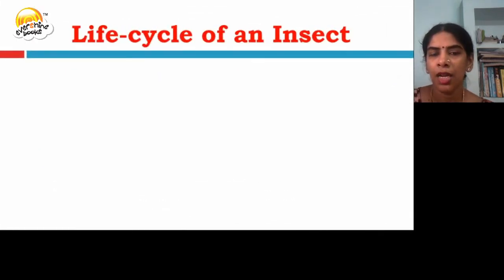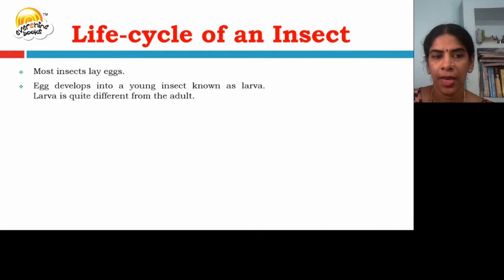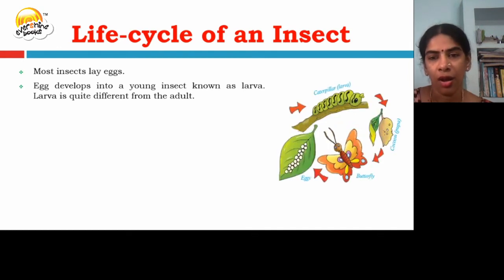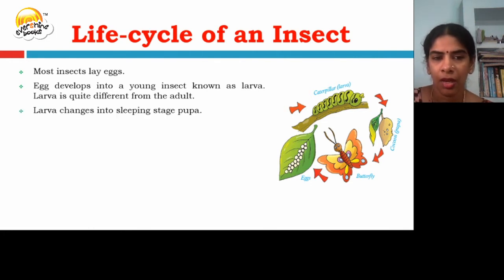Let us see the life cycle of an insect. Most insects lay eggs. Eggs develop into a young insect, which we know as a larva. The larva is quite different from the adult. The larva changes into a sleeping stage, which we call a pupa.